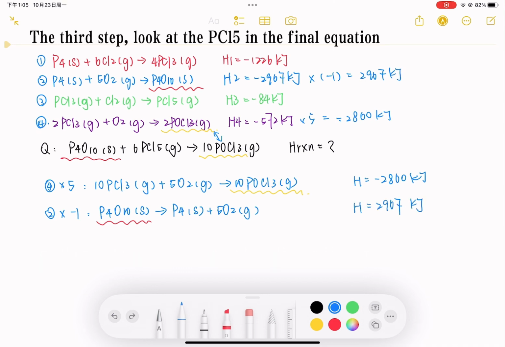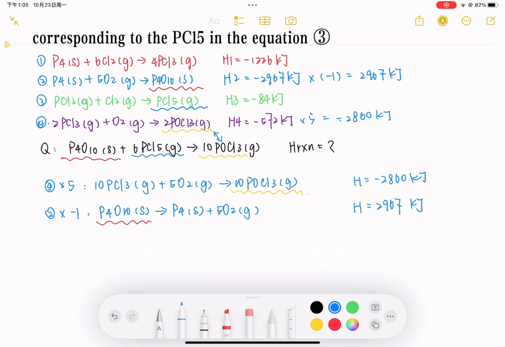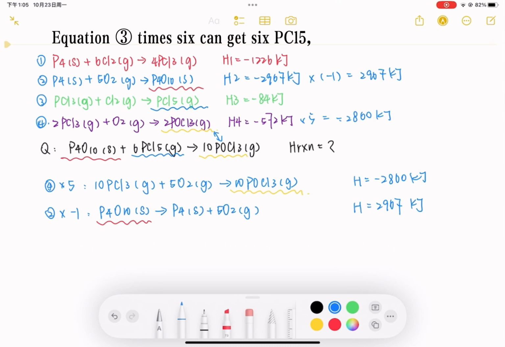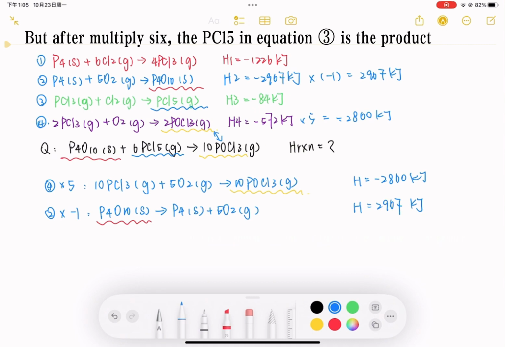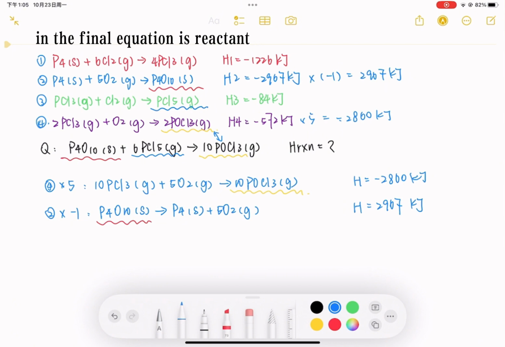The third step: look at the PCl5 in the final equation, corresponding to the PCl5 in equation 3. Equation 3 times 6 gets 6 PCl5, but after multiplying by 6, the PCl5 in equation 3 is a product, while in the final equation it is a reactant.